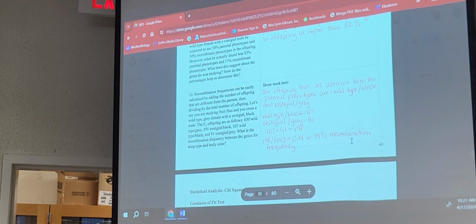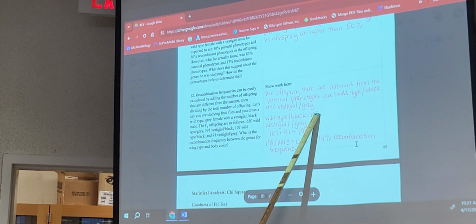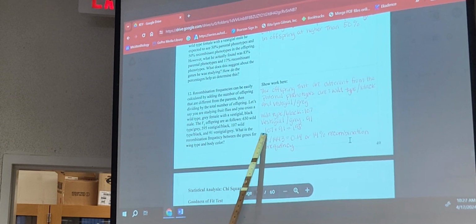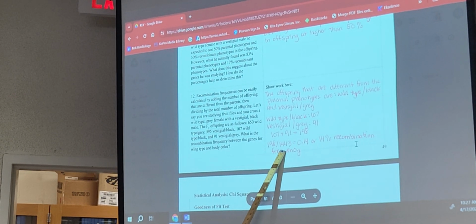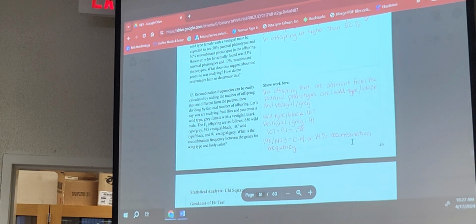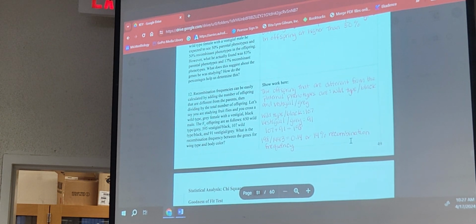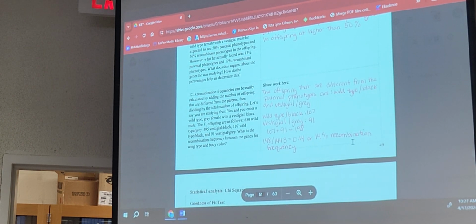You look at them all and get your total offspring, 1,443. The recombinants, 107 and 91, are 198, so 198 of 1,443 is 14%. So the recombinant frequency is 14%, which means these genes are really close to each other on a chromosome.